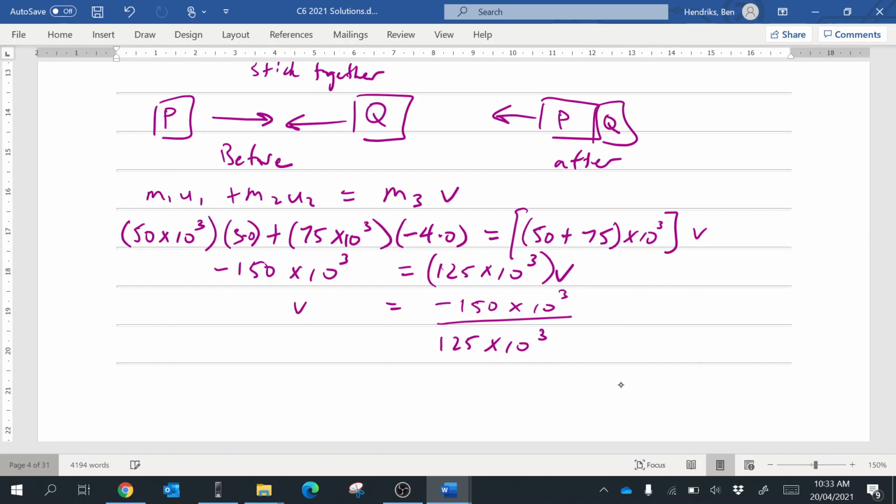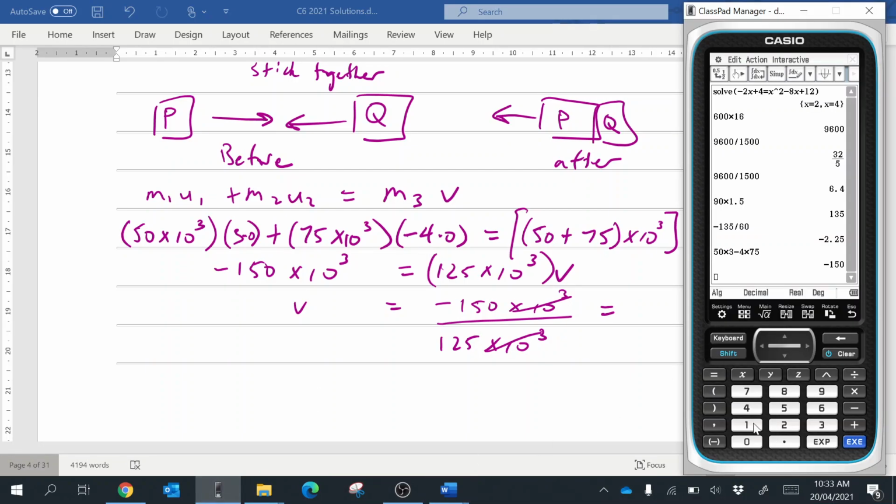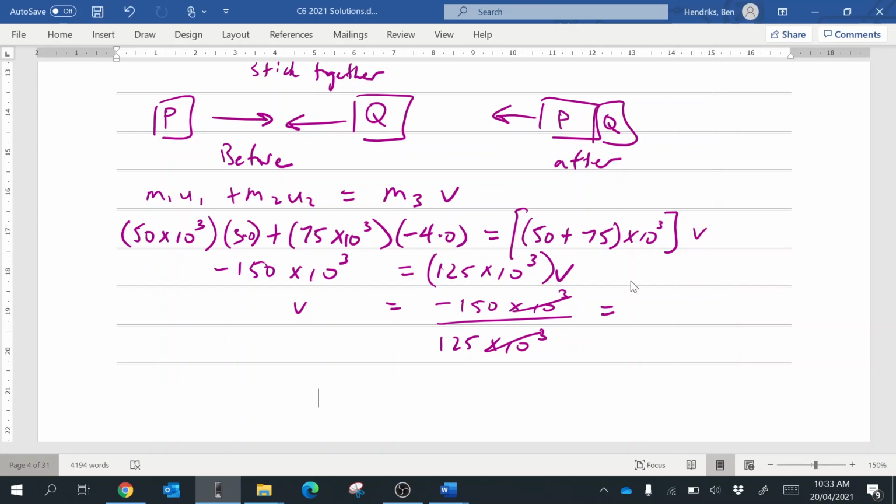These cancel out, so it ends up being negative 150 divided by 125. So it's equal to negative 1.2 metres per second.